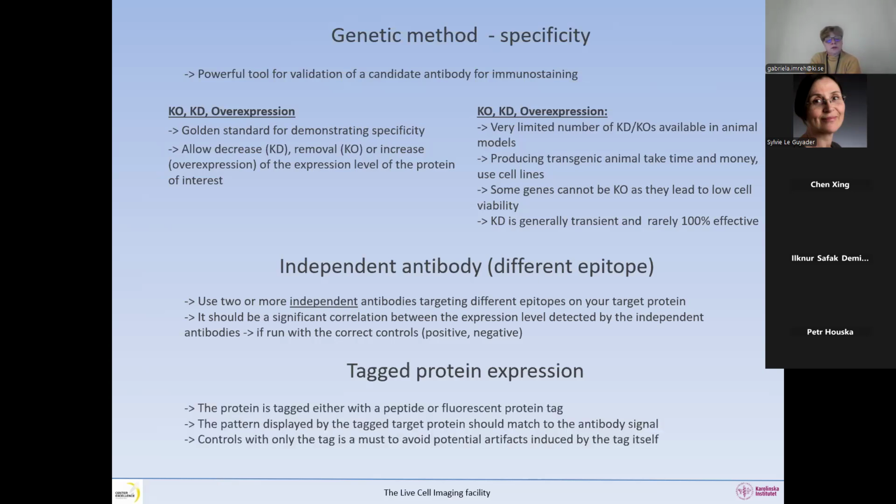You can tag your protein with either a peptide or a fluorescent protein, and you should get the same pattern when visualizing your signal. But don't forget to include controls with only the tag, to avoid potential artifacts induced by the tag itself.